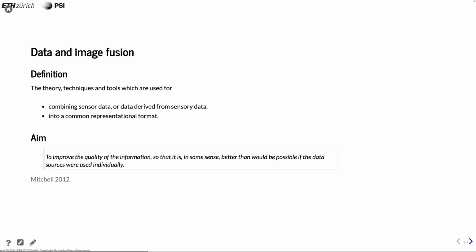The definition is in principle a theory with techniques and tools that are used to combine sensor data, or data derived from different sensors, into a common format, so that you have everything in one combination that brings the final answer. The important thing here is that we want to improve the quality so that it is better to interpret than if each source was used individually.